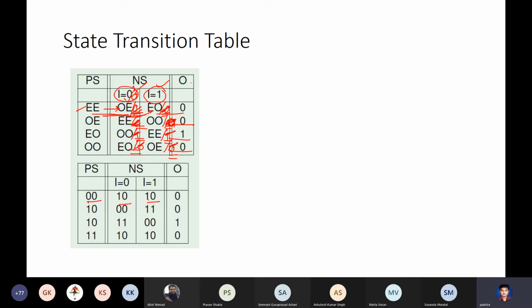All right. So now let's try to write this as a truth table, or rather a Karnaugh map. Let's make a map like this.